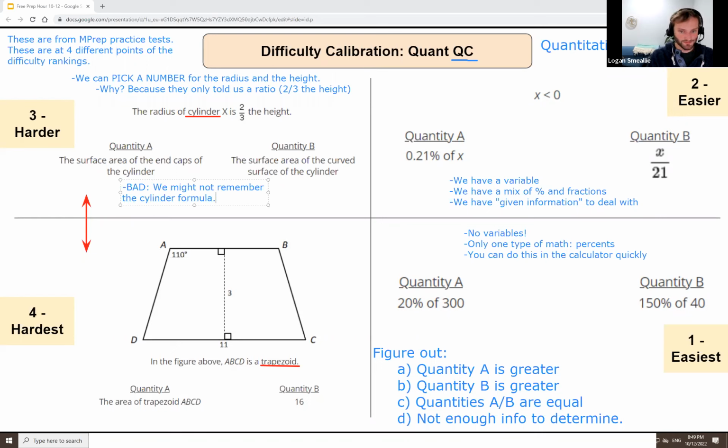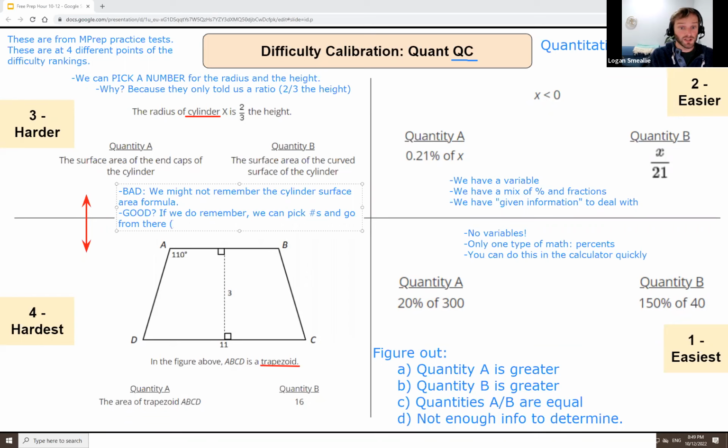If we do remember, we can pick numbers and go from there. So for example, we might pick radius 2, height 3. That would be the easiest way to have the radius be 2/3 of the height. So even though we have something really working against us in terms of the topic, we have something working in our favor in terms of the tools available to us.